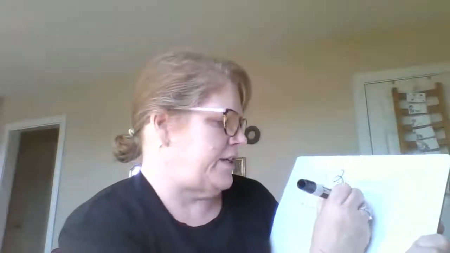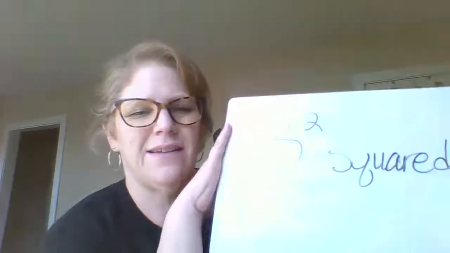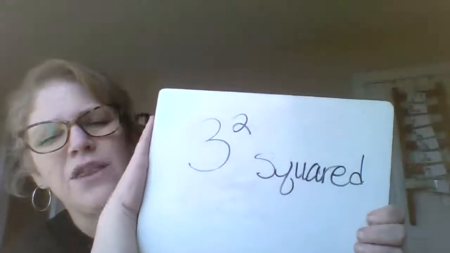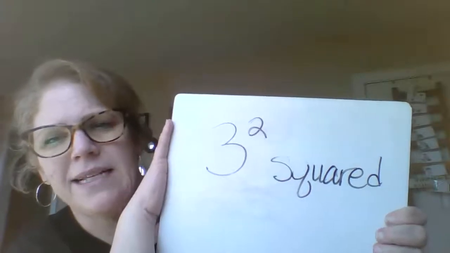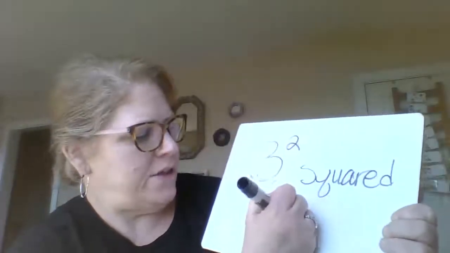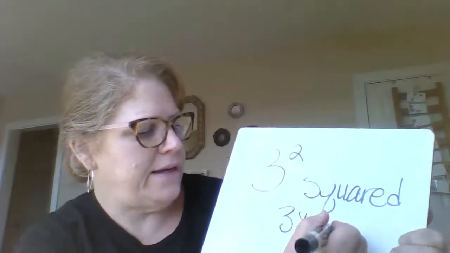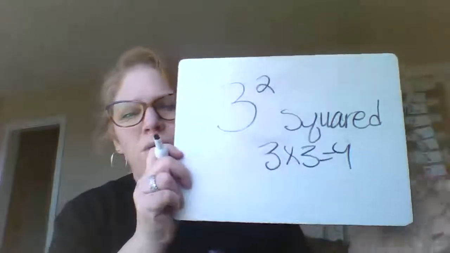That's the word I want you to remember, squared. Okay, 3 squared. That's telling you that you're going to multiply the base, which is 3, times itself twice. 3 times 3, which is 9.